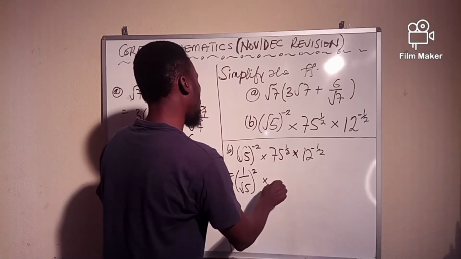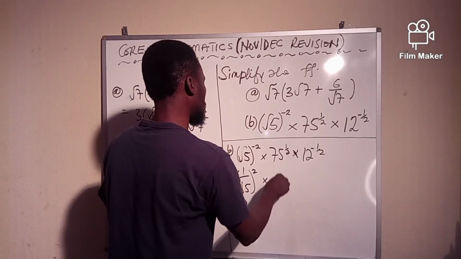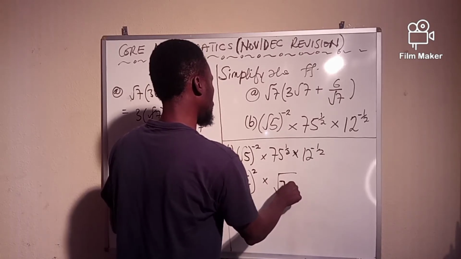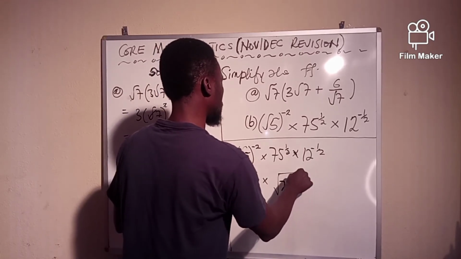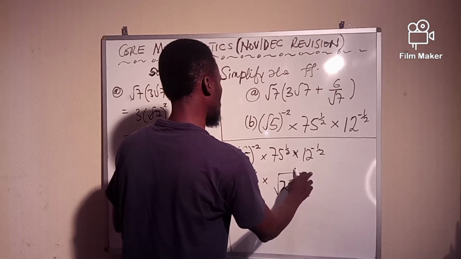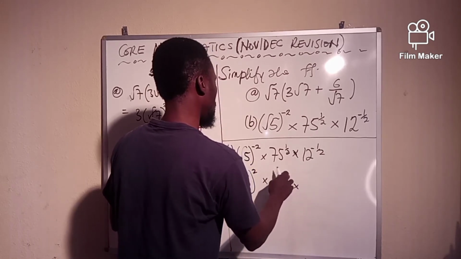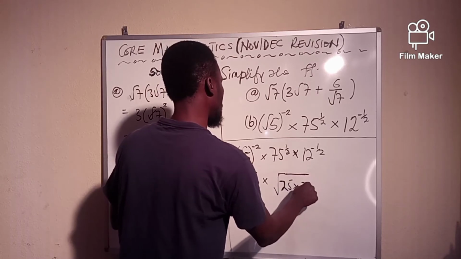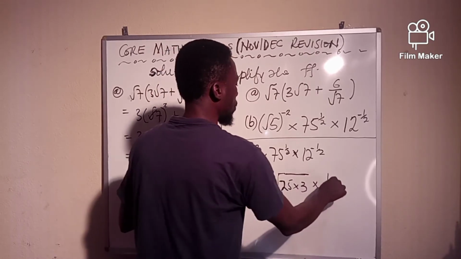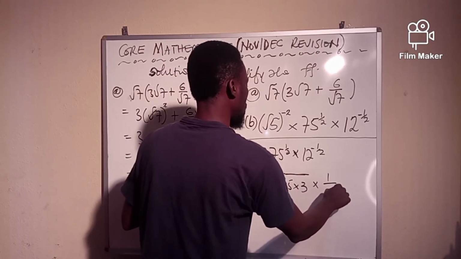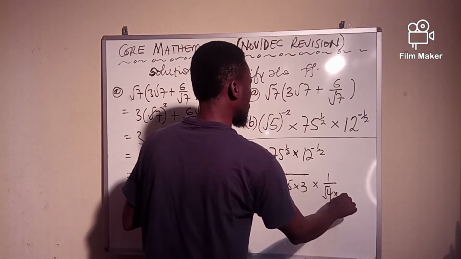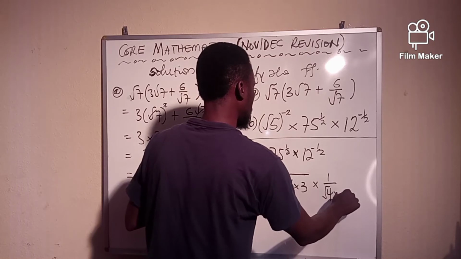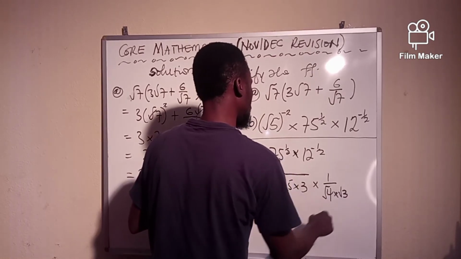Now 75 raised to the power half is the same as the square root of 25 times 3. Yes, this is times 1 out of the root of 4 times the root of 3.